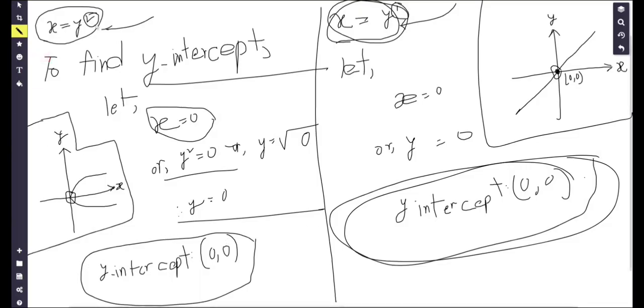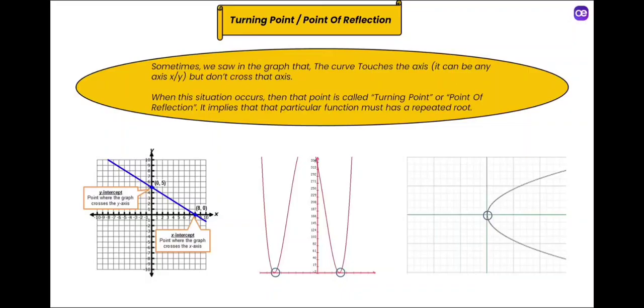But as we have a repeated root here, the curve of this graph touches the y-axis, and we have no repeated root here, so the curve crosses the y-axis, never touches it. That's the thing. So I think now we understand the topic turning point or point of reflection very well.